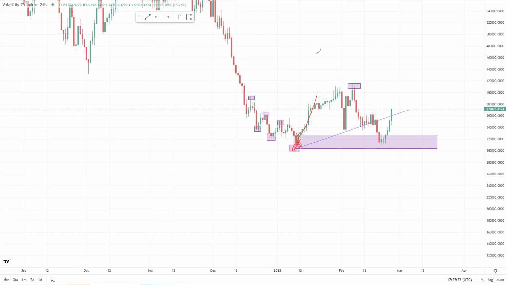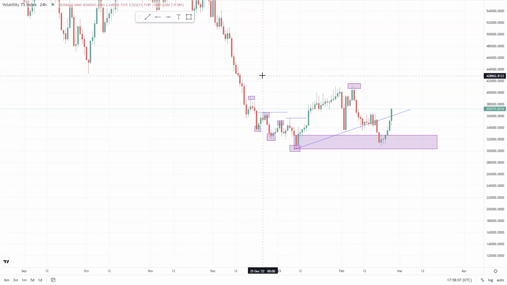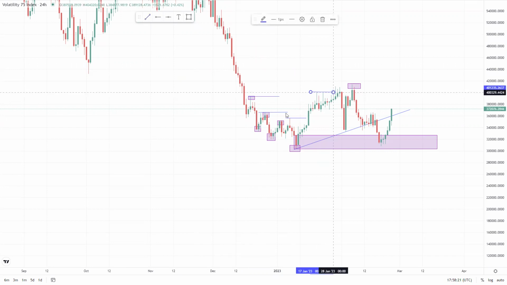Now, when you look at this time, you will see that the market broke the structure of this lower high. Okay, it was broken, and also this one was broken. All right, and also this one was broken, and the market created a new higher high, higher than the series of these lower highs and lower lows. So it was a change in a trend.